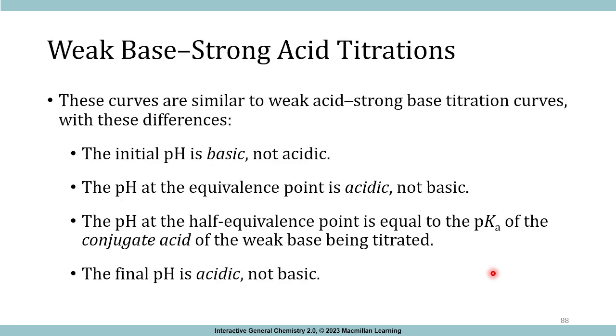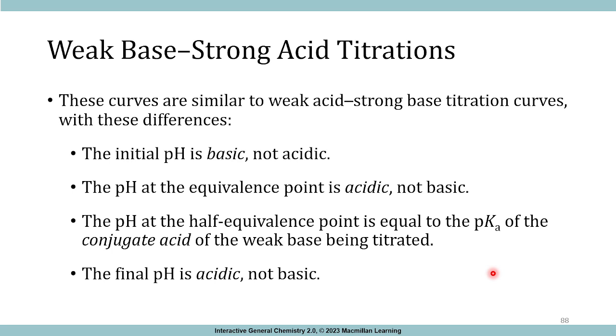Okay, so the weak base and strong acid titrations, these curves are going to be very similar to your weak acid, strong base titration curves. The only difference is that you start at an initial pH that is basic because you start with base, instead of acidic. The pH at the equivalence point is not basic, it's going to be acidic, because when you neutralize a weak base, you end up with a weak acid, don't you?